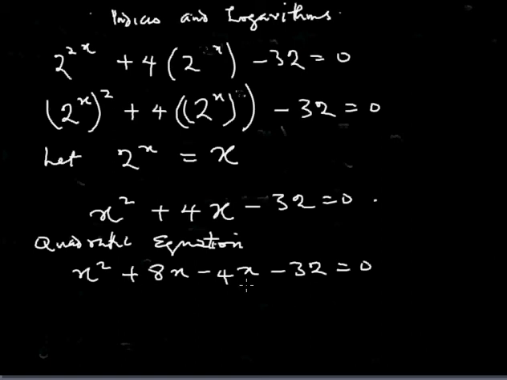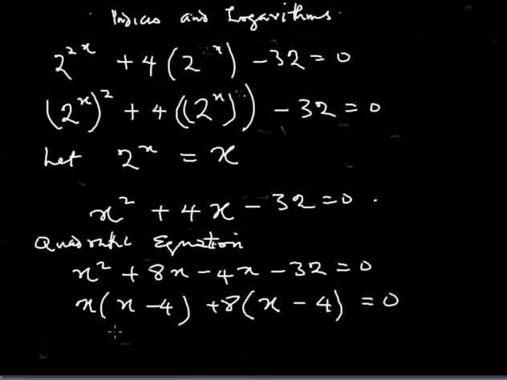So if we collect like terms, what we're going to be having is x squared, x minus 4 plus 8, x minus 4 is equal to 0.